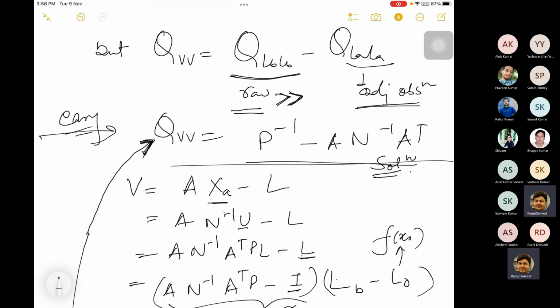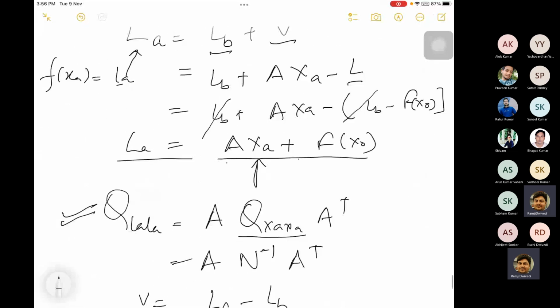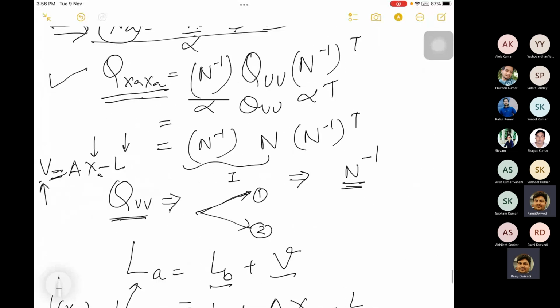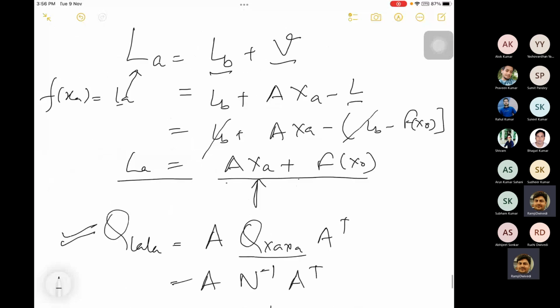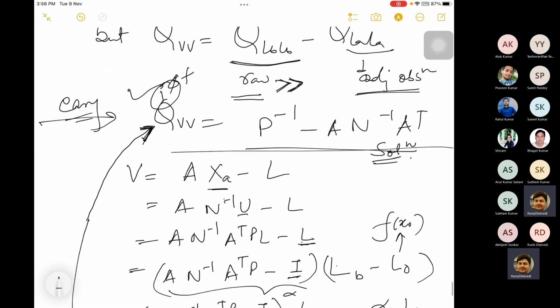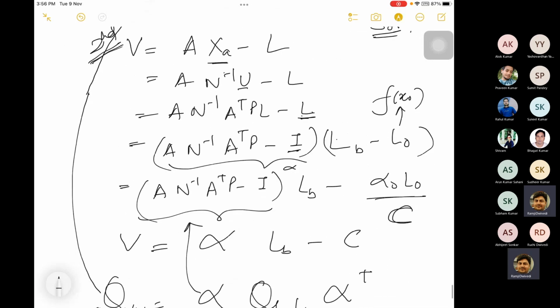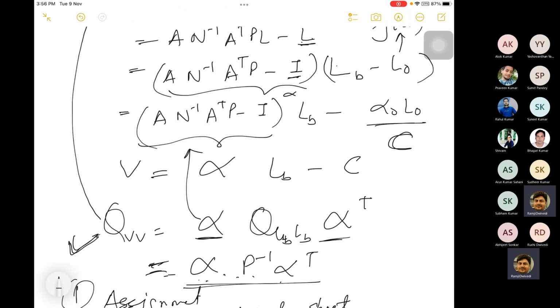You have to achieve it from the second way. I have told you, there are two ways to reach QVV. The first way is very easy. You get the solution from this. This is the first step. And this is the second step. That is the classical approach. That's how we were doing it from the start. So you have to open up alpha.